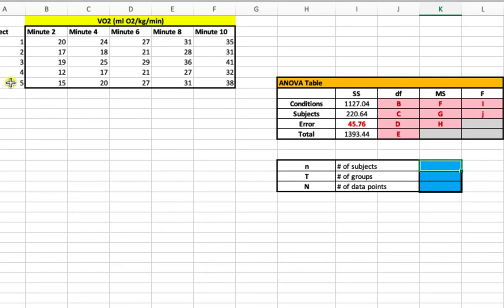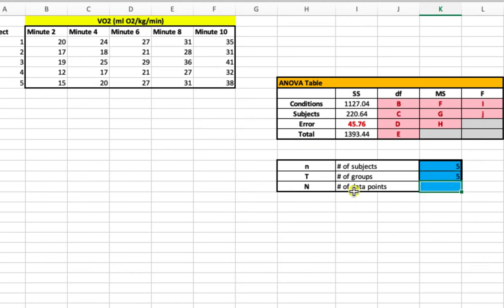We can see from our data to the left that we have 5 subjects, so small n will equal 5. The number of groups is based on the time points that we are collecting: minute 2, minute 4, minute 6, minute 8, and minute 10. So that would be 5 groups total.